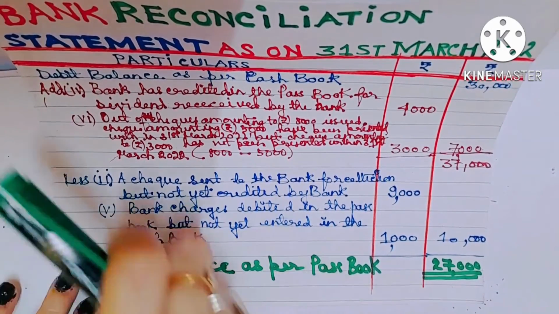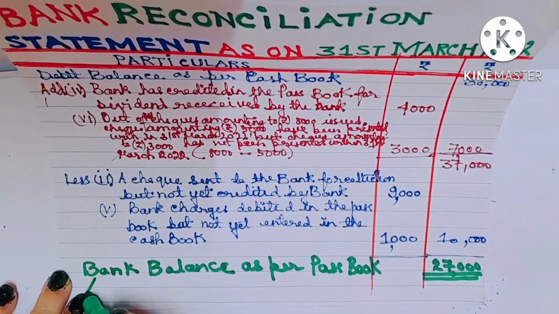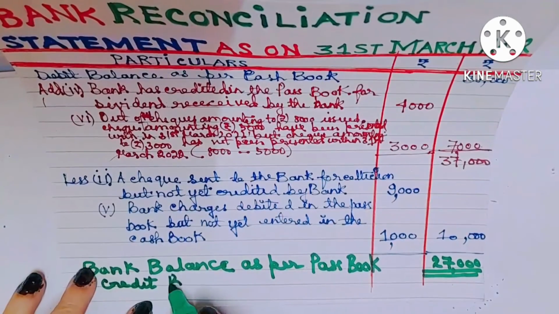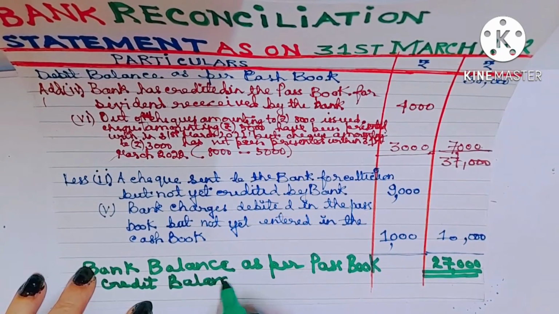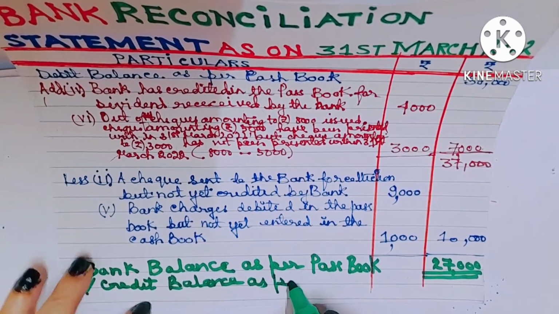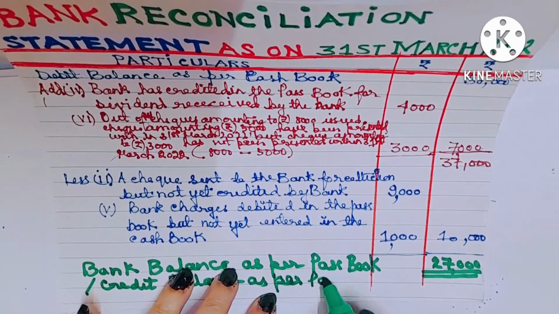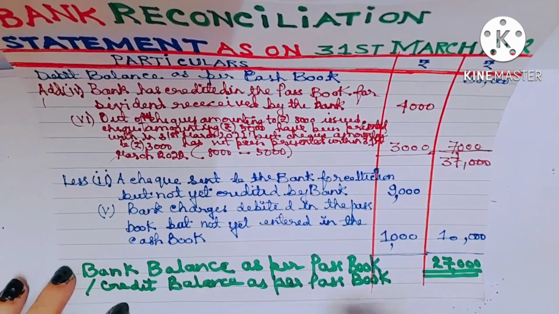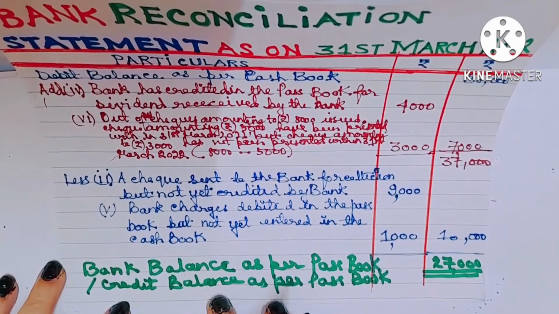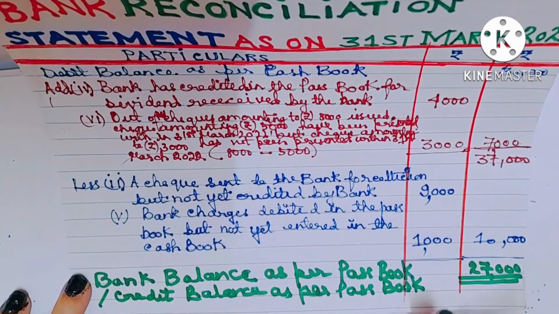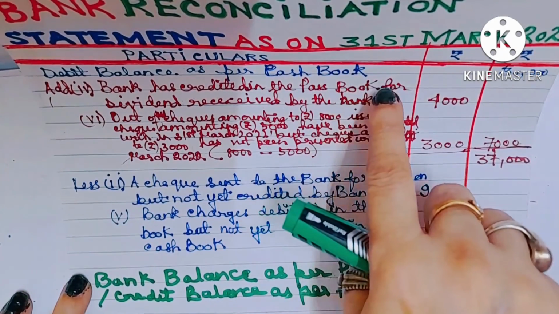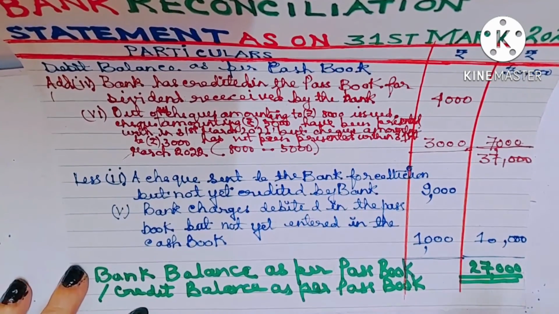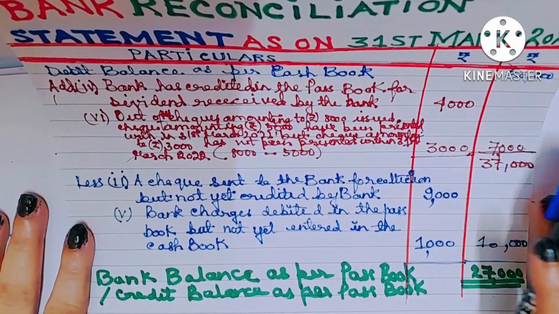Since we have written debit balance as per cash book, it's better to write credit balance as per passbook, 27,000. Understood? I hope you understood.